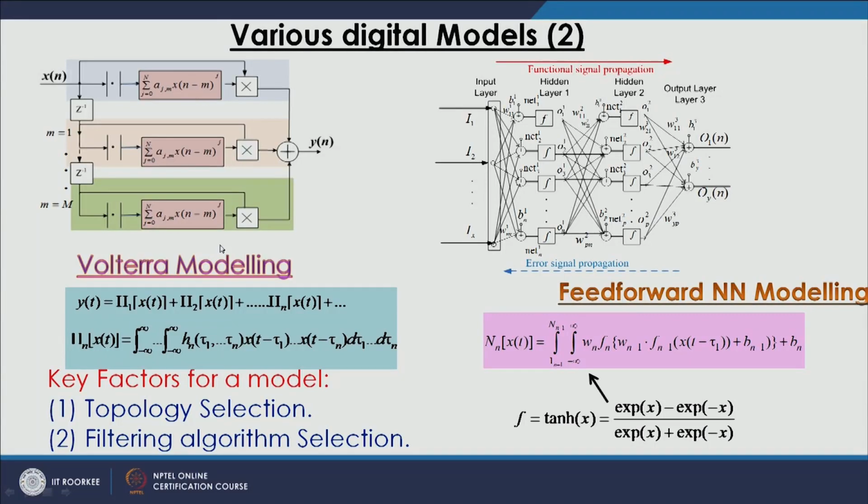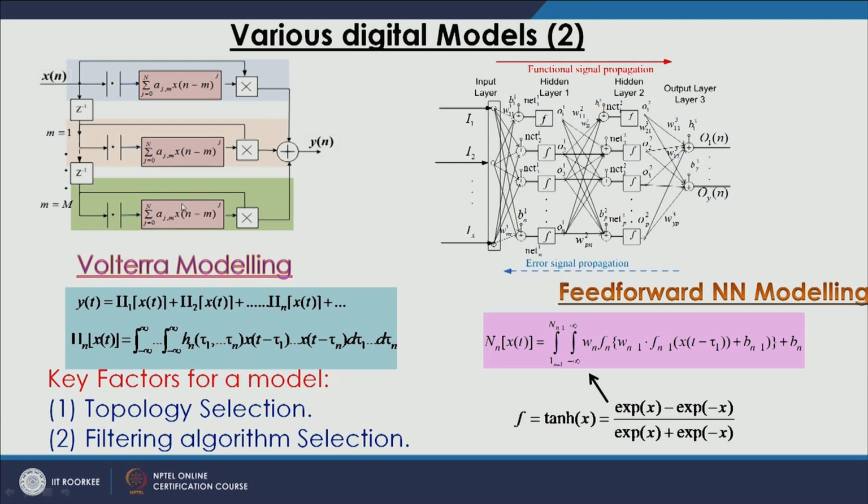One of them is called the memory polynomial, and the simplified expression is given here. If you look at this term, it is basically representing the memory polynomial, or the polynomial terms with different delay taps here. Okay.